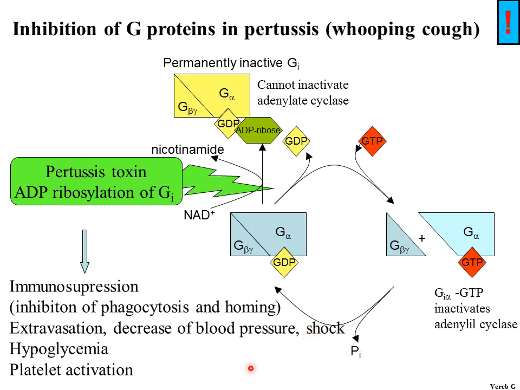It also, by affecting the cyclic AMP levels, can cause hypoglycemia and coagulation by activating platelets, which can lead to thrombosis throughout the circulation.